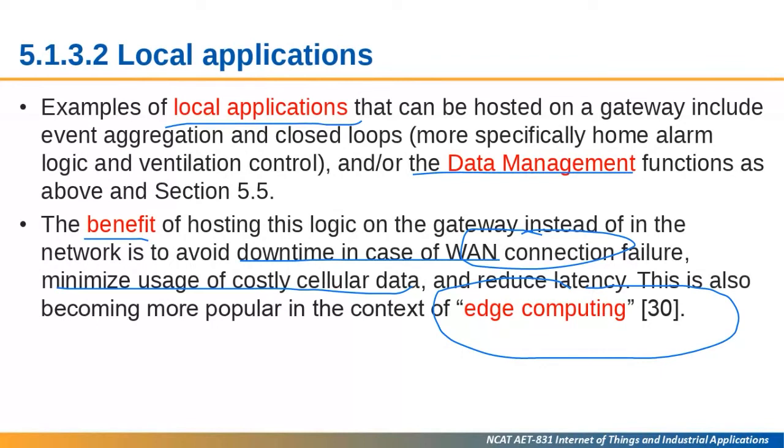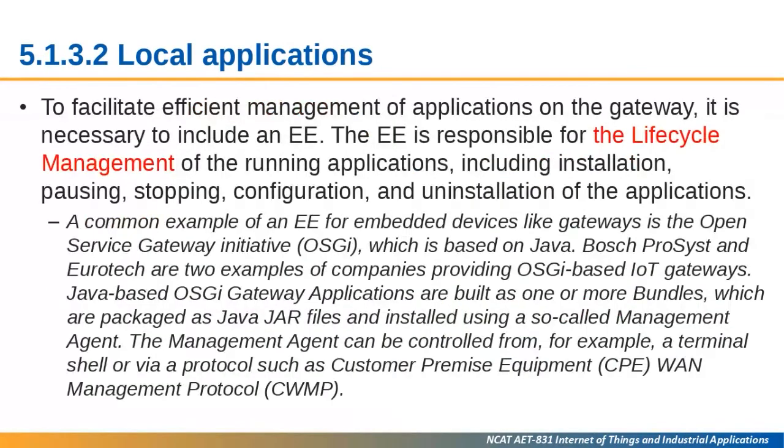Basically, every wireless router and other gateway devices can do some computation work. So people are thinking, why don't we use these computational capabilities to do something? That's the base for edge computing. The gateway device can also run the lifecycle management of the running applications.